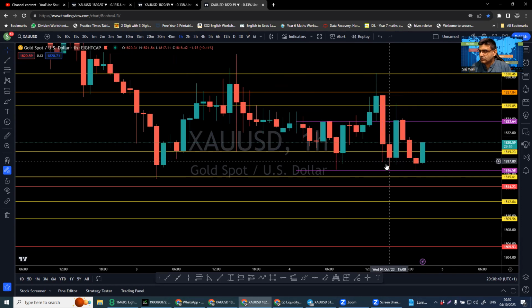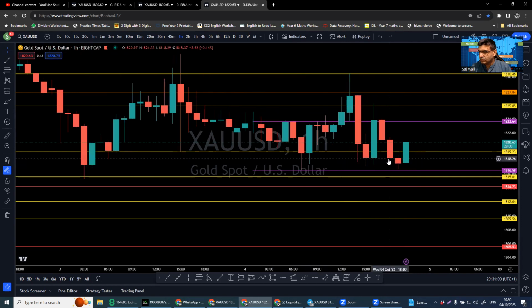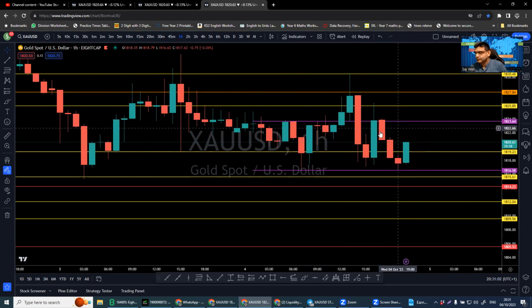And this was the Asian high, and this purple range in between. There are purple lines, the Asian high and low, and we had good trading opportunities today.